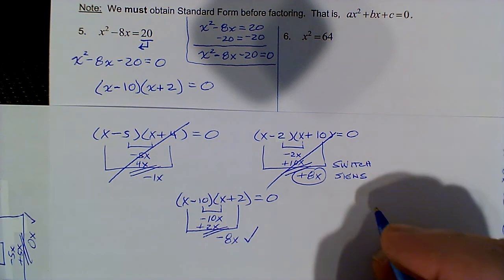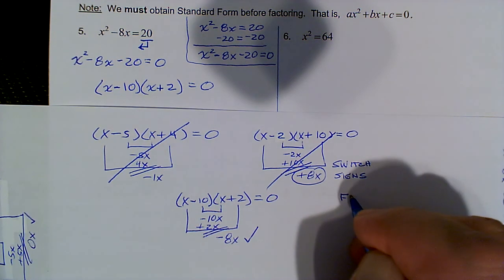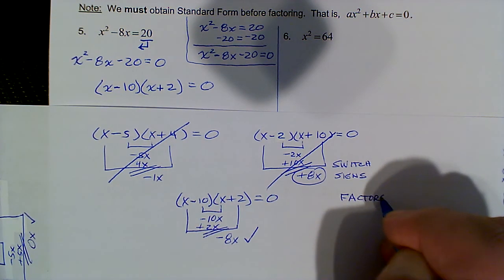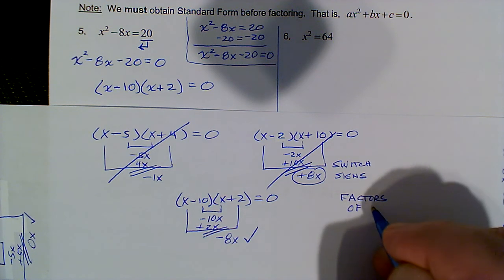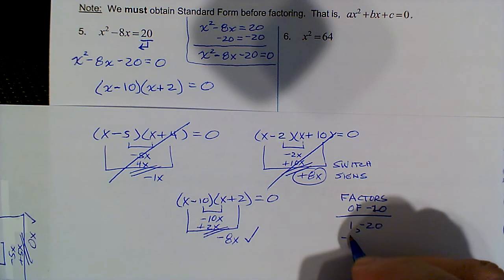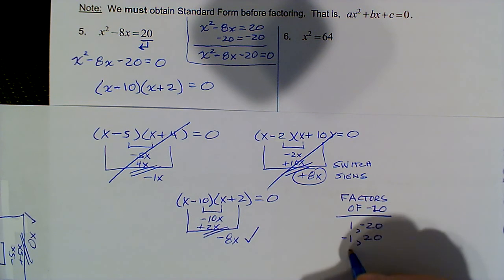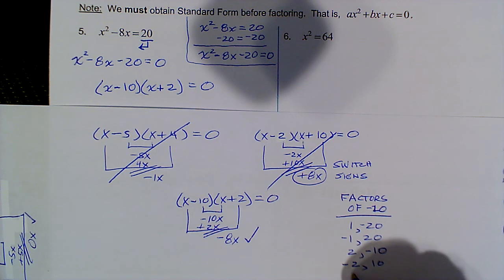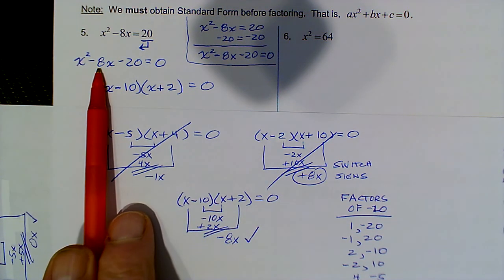Similarly, let me just show this again as well. We could have listed the factors of negative 20. So they'd be 1 and negative 20, negative 1 and 20, 2 and negative 10, negative 2 and 10, 4 and negative 5, negative 4 and 5, and then we're looking amongst the list for the pair that adds to negative 8.